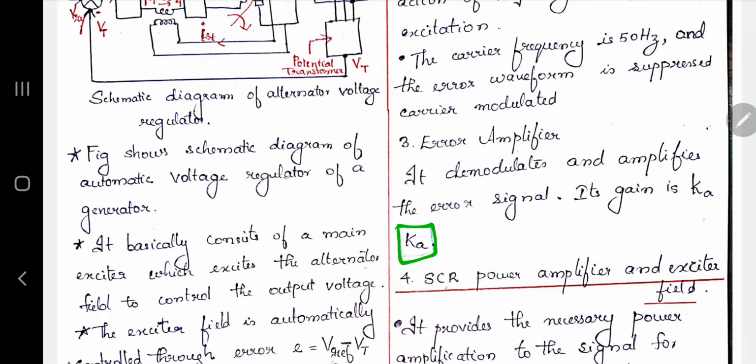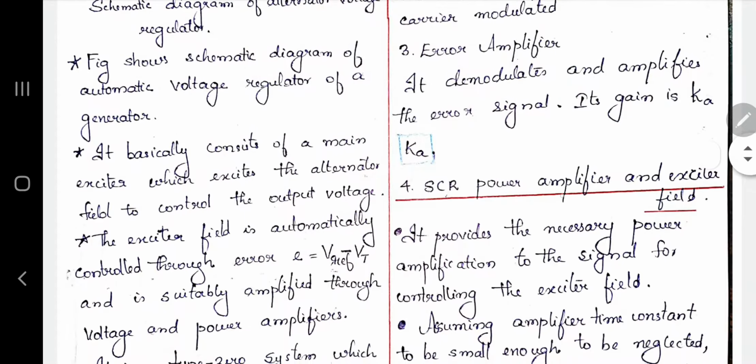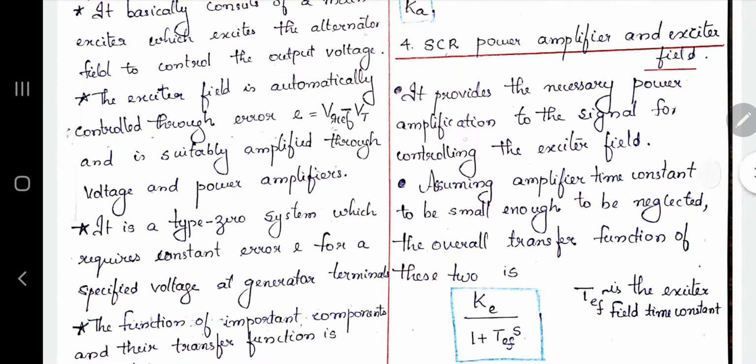Let's move on to the fourth one, that is the SCR power amplifier and exciter field. We can go through the SCR power amplifier and the exciter field together. This SCR power amplifier provides the necessary power amplification to the signal for controlling the exciter field.